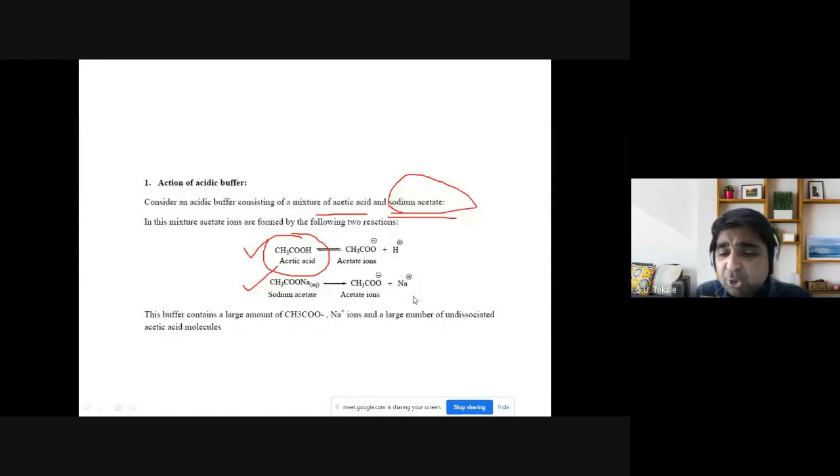Now we are trying to understand what this buffer action or buffer capacity is. Buffer action is the ability of that buffer solution to resist change in its pH value, and how that resistance is shown by that particular buffer is what we want to discuss here.